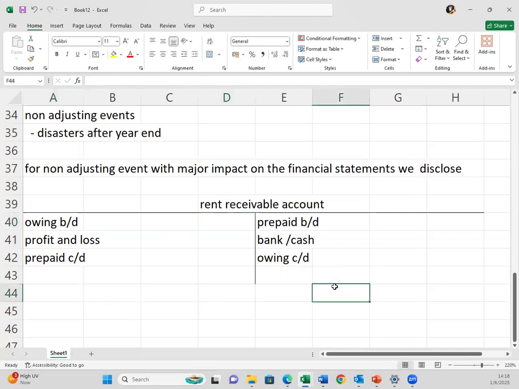So for the rent receivable, if we receive a rent, it's not an expense. That's why we are putting prepaid BD on the credit side. Why?